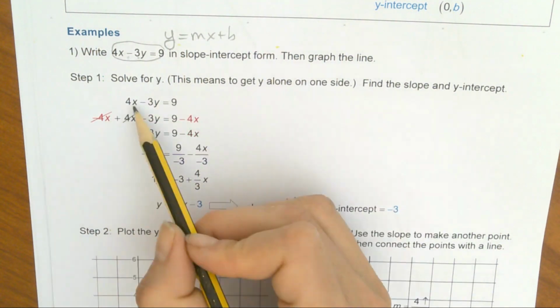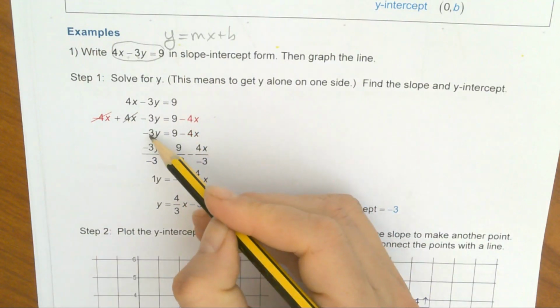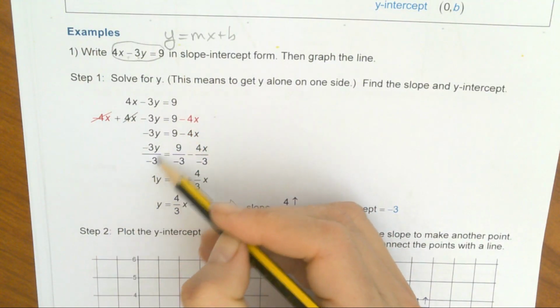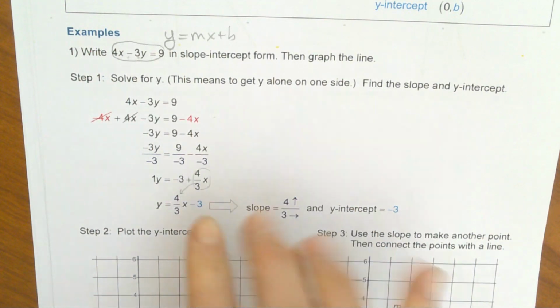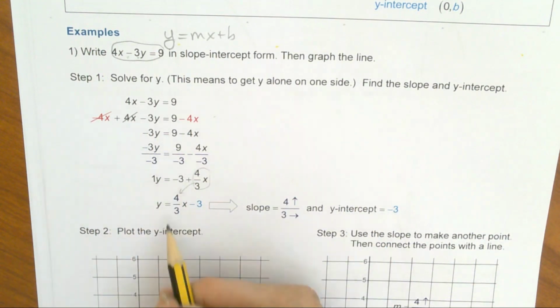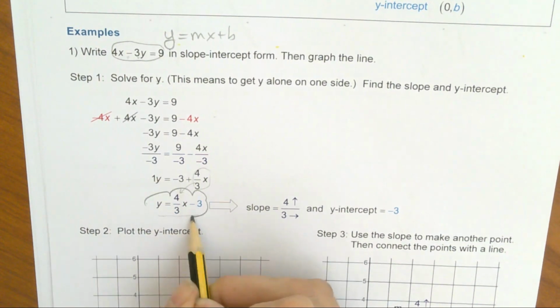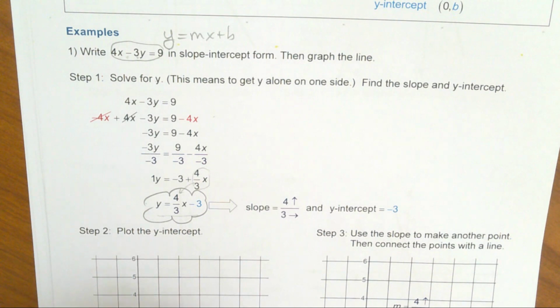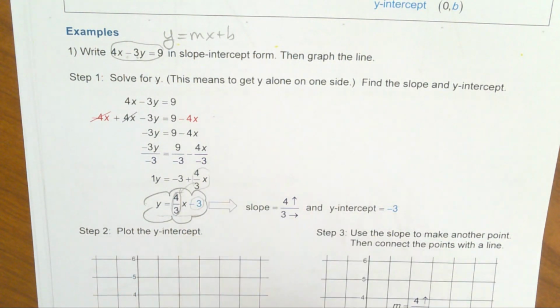So get rid of the neighbor, the one that's far away, and then here you have your best friend, divide, get rid of that, and then here we have to have the x term first, so we just switch these around, and we solve for y. Now it's in slope-intercept form. Here's my slope, and here's my y-intercept, okay?